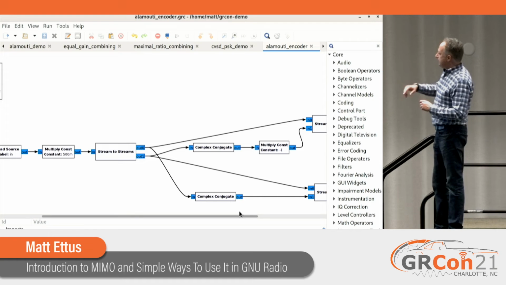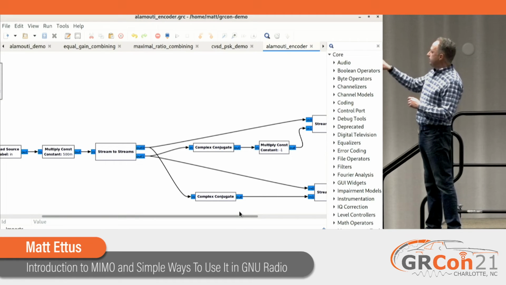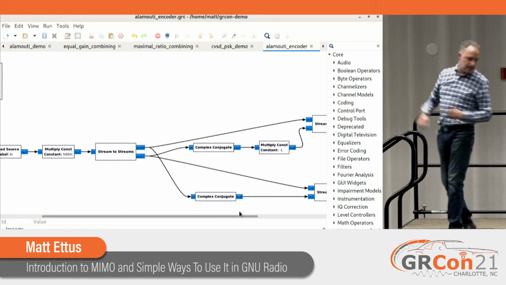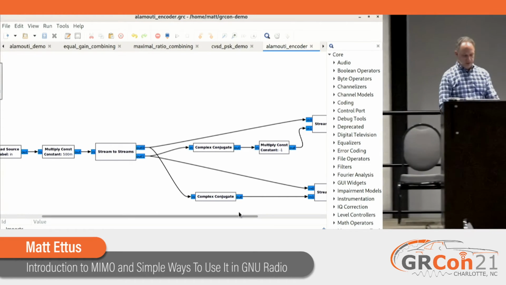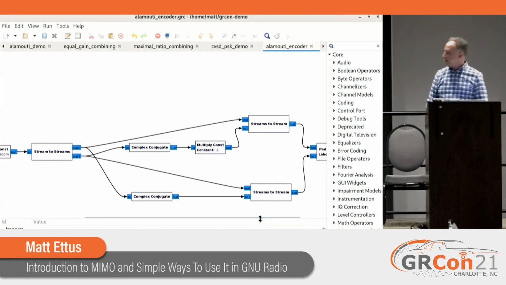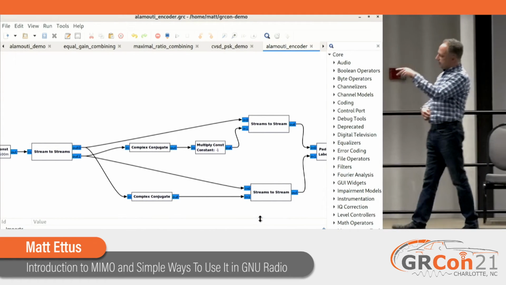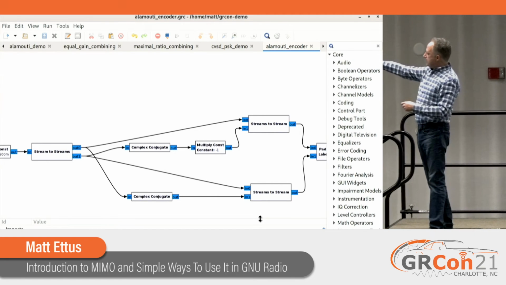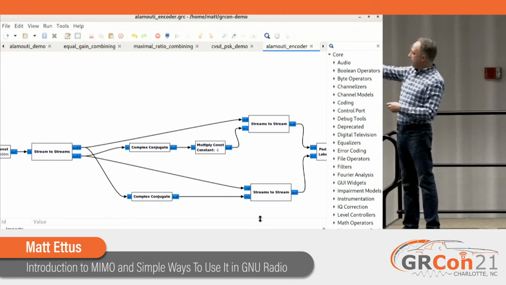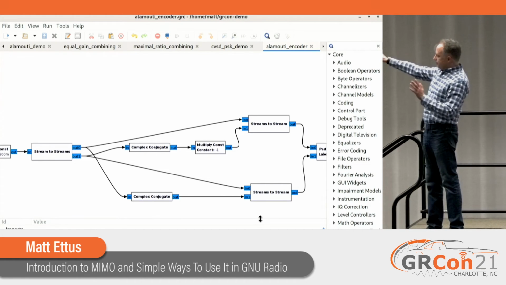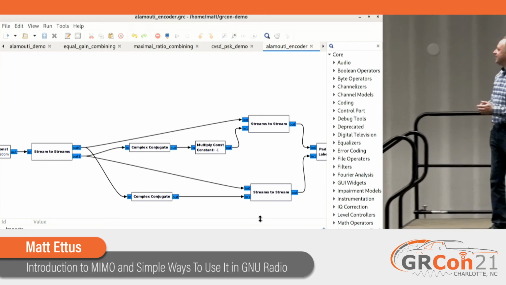So we separate the streams and do the math on them. You take pairs of symbols that come out of the 2 ports of the stream-to-streams block. One goes back in and the other does the math on it.